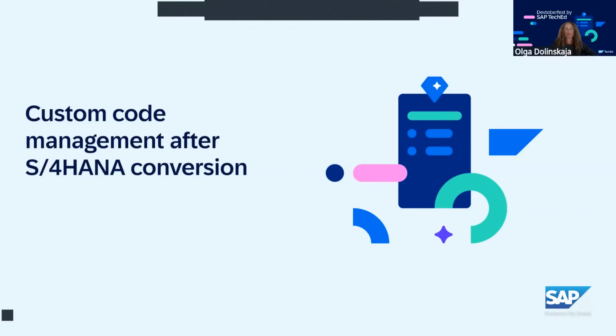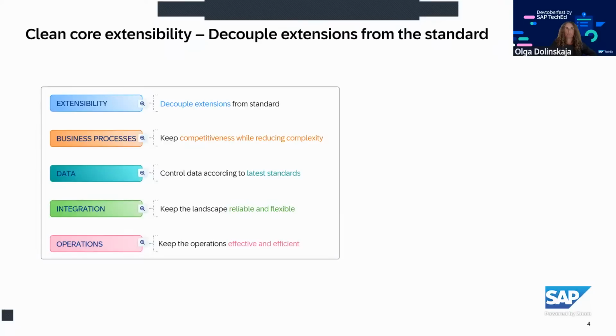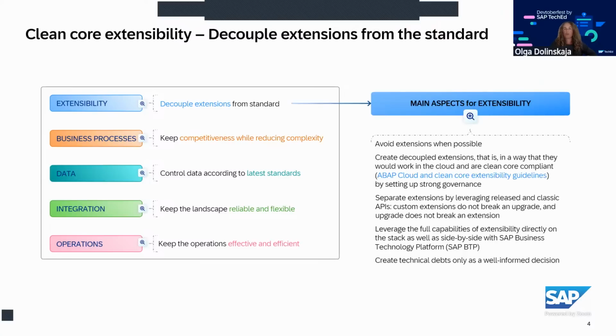So custom code management after the system conversion. Here, what you see on the slide, this is the Clean Core extensibility dimensions. I think this is nothing new for all of you, that Clean Core concept describes a system which is close to SAP standard as far as possible.